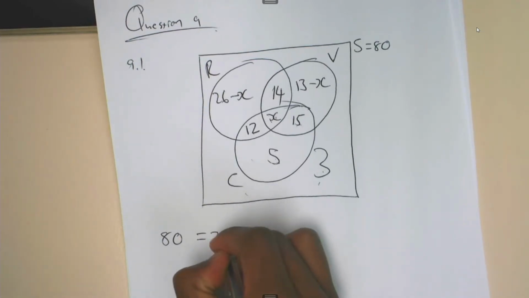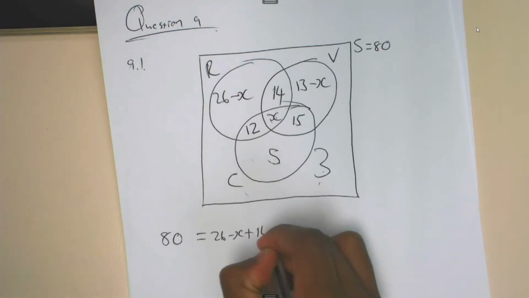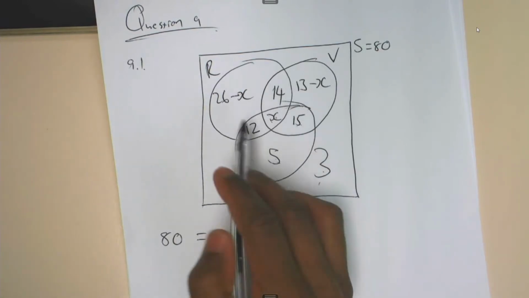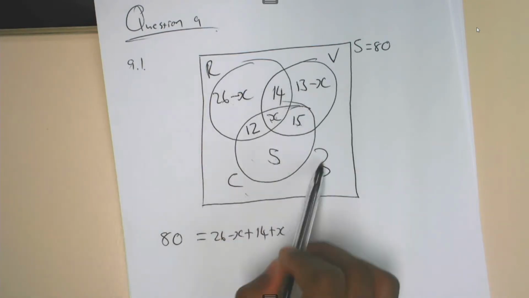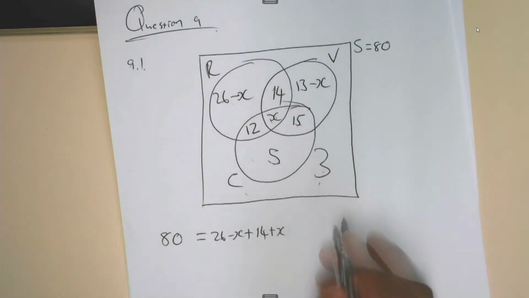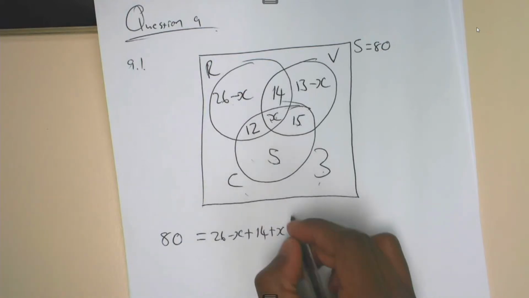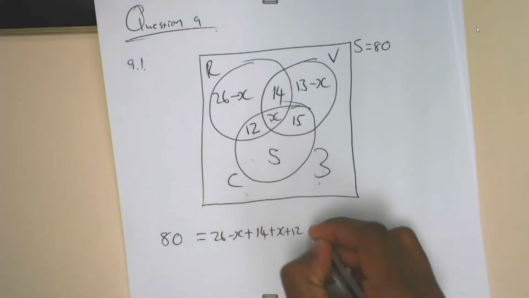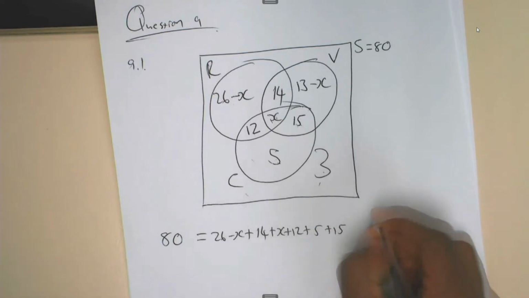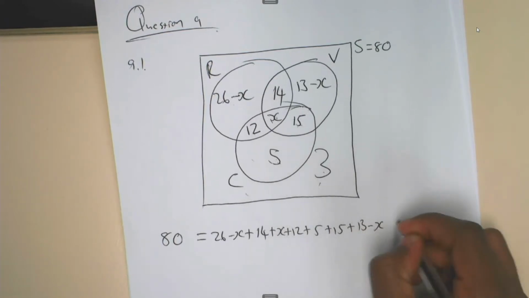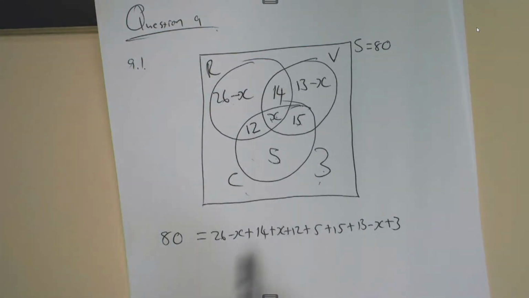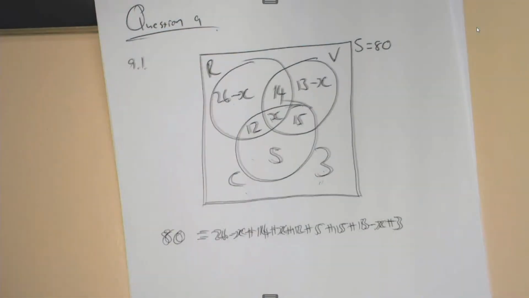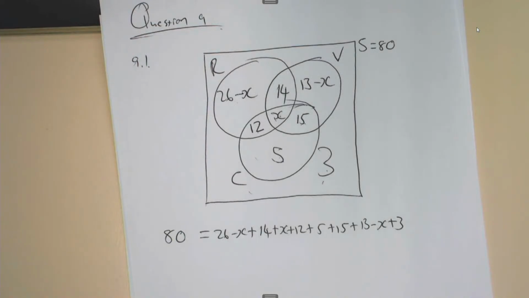So we'll have 26 minus x plus 14 plus x. So it's this plus that plus that plus that. So I'm adding all the number of learners, and I know that there should be 8 of them. And then here plus 12 plus 5 plus 15 plus 13 minus x, and then plus 3. All these number of learners should equate to 80. And then all we need to do is to solve this equation.